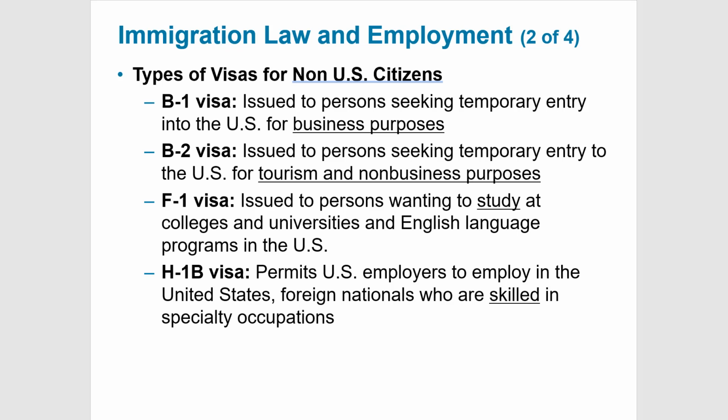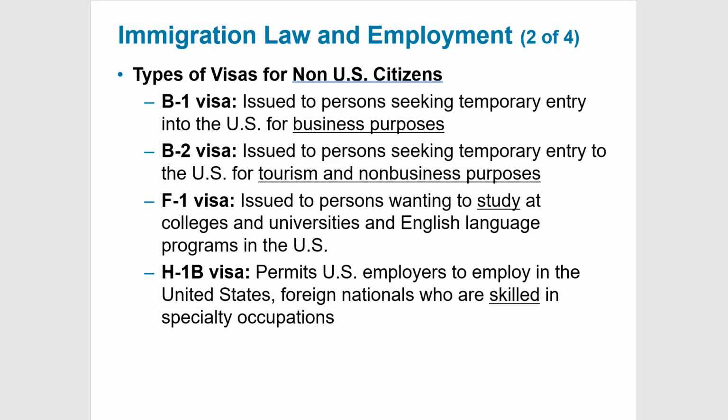Having said all that, there are various types of visas that foreign workers and domestic employers can use to try to hire non-U.S. citizens legally to try to cover themselves.